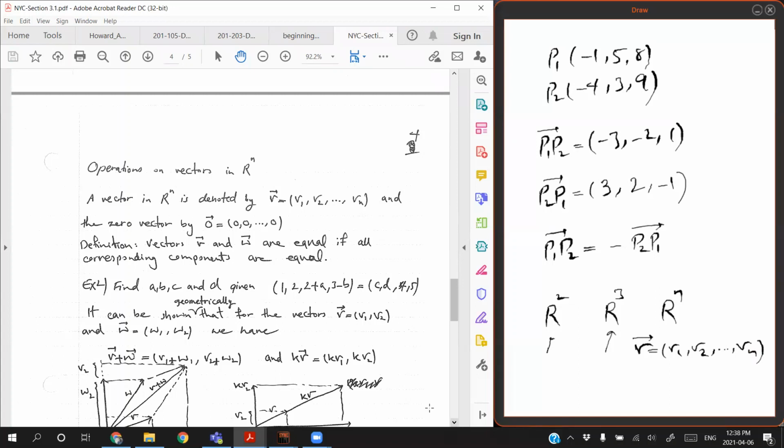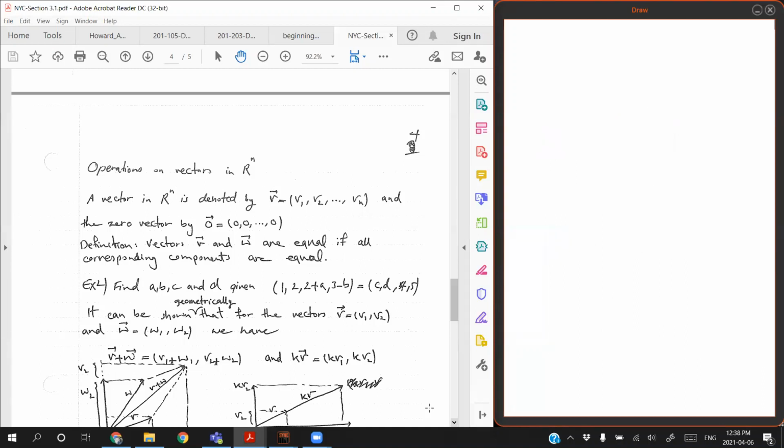Okay, the next thing we're going to learn, very simple, is how to add up vectors and how to subtract vectors using the components. The definition for the sum and the difference of vectors is very intuitive. So let's say a vector in Rn is denoted by v1, v2, all the way to vn, and the zero vector would be the vector that goes from the origin to the origin.